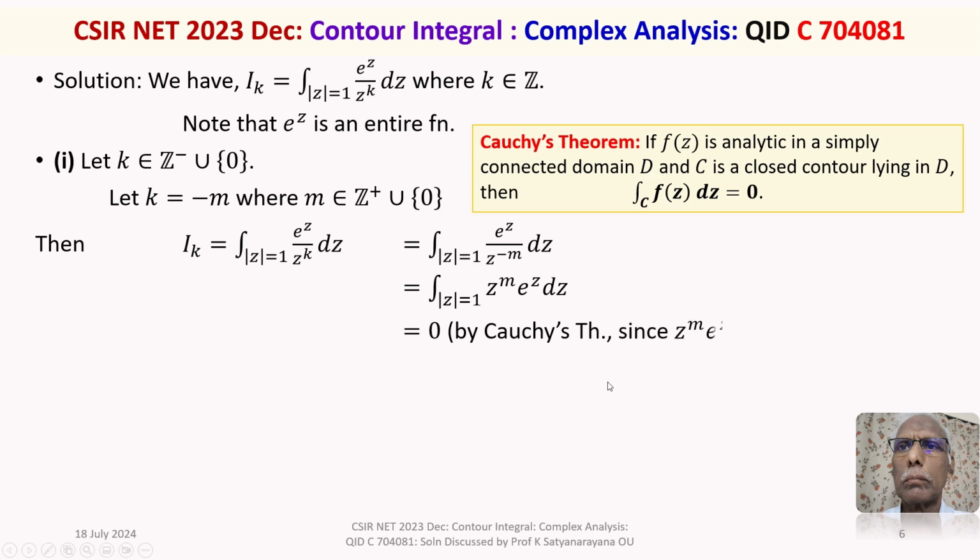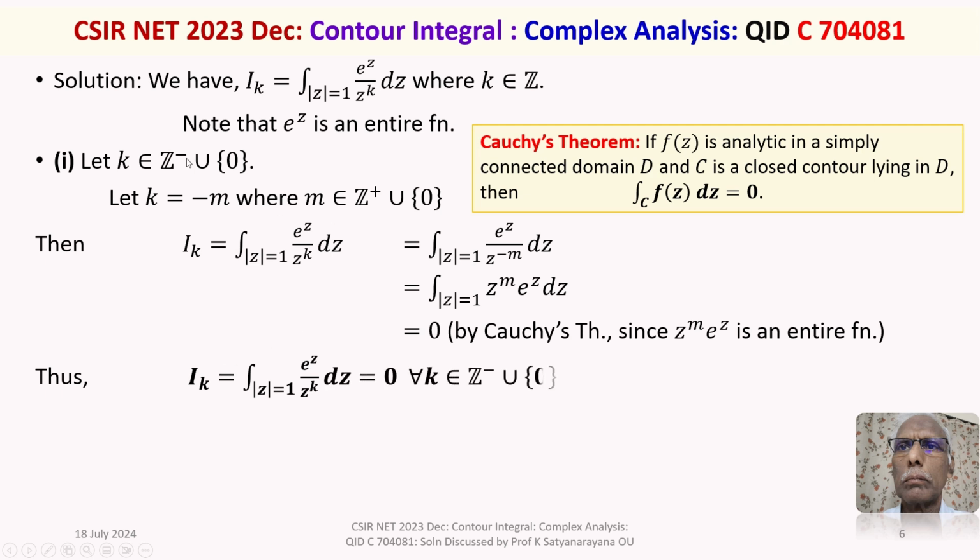We use Cauchy's theorem because z^m into e^z is an entire function. So we have evaluated I_k when k belongs to Z minus union the singleton 0. The value of the contour integral I_k is 0, and this is true for all k belonging to Z minus union singleton 0.